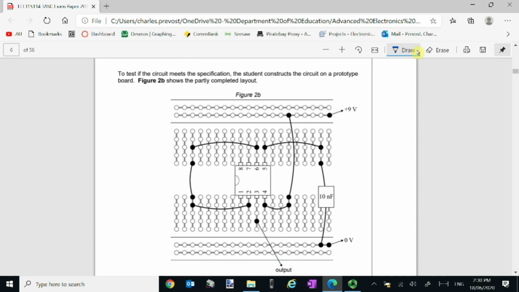To test if the circuit meets the specification, the student constructs the circuit on a prototype board. Okay, so here's our breadboard or prototype board, and this is how they're shown to have connected it. So we've got our power supply there and there, a 10 nanofarad capacitor connecting 0 volts to this breadboard track, which is then connecting to pin 5.